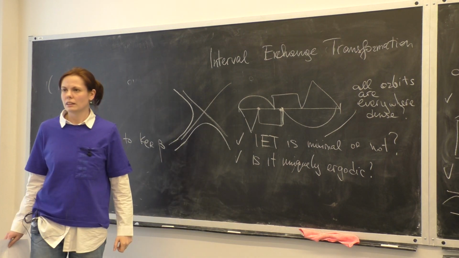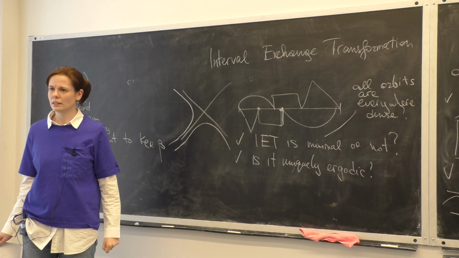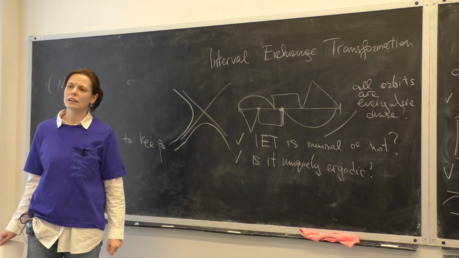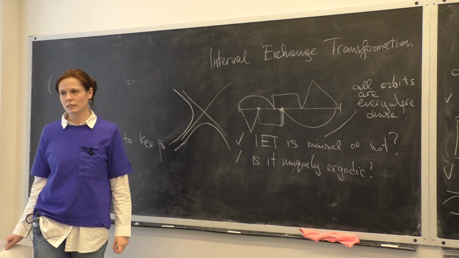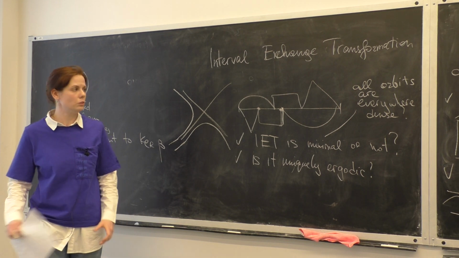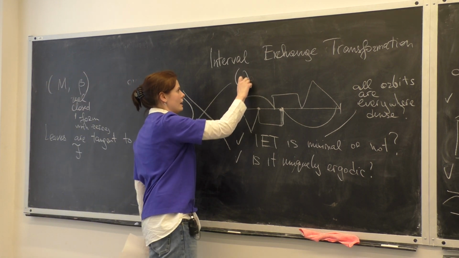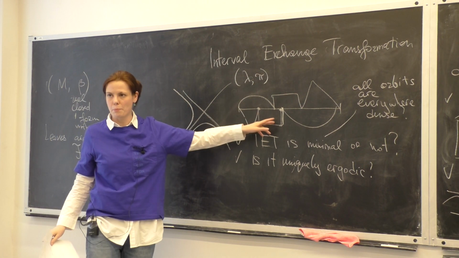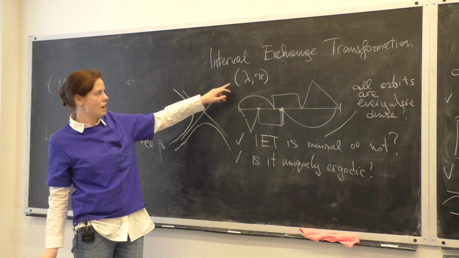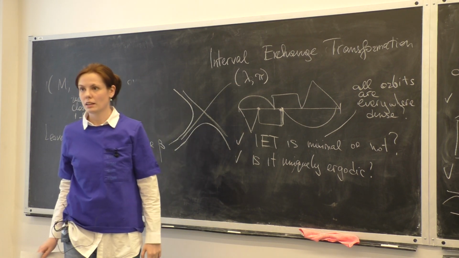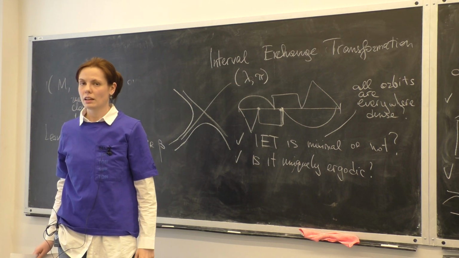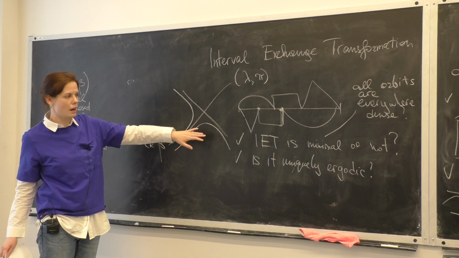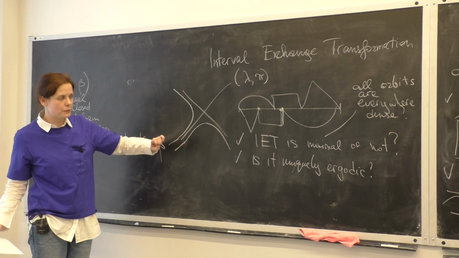The answer to your question depends on the intervals and on how you mix them. Sorry? So there are several questions. Your system depends on your intervals. Yes, you need the lengths and the order. Say you have a permutation that tells you in which order they appear on the top and bottom level, and you need the lengths. And the answer to your questions depends on the data. Yes, of course. But what we would like to understand are two different questions.